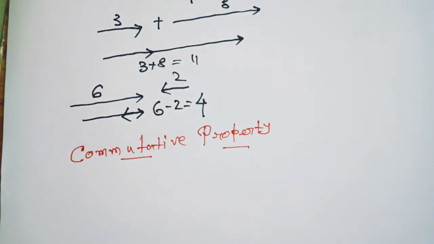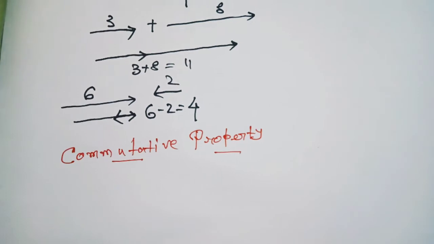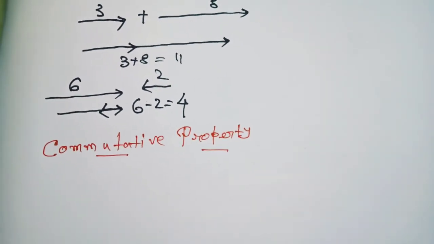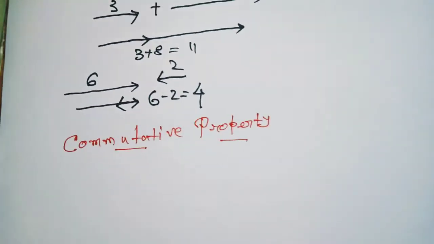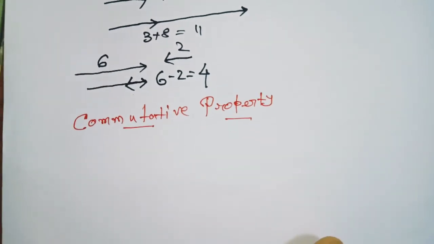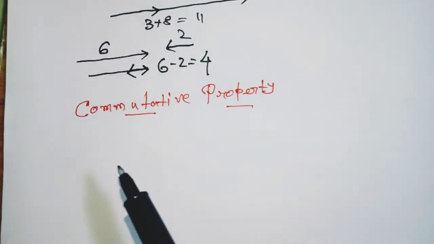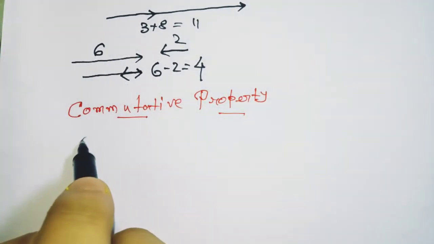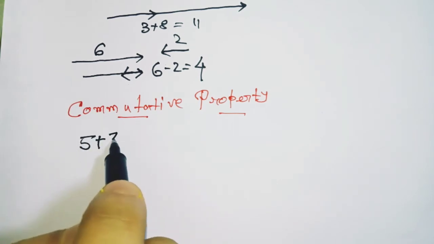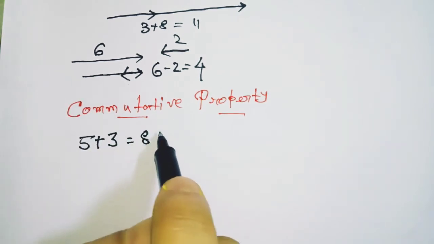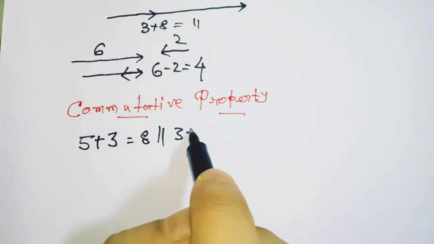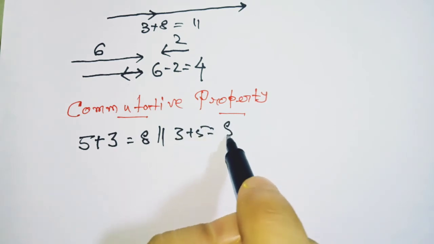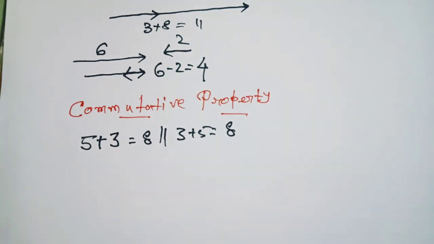The order in which we add, as with regular numbers, finally doesn't matter. For example, with regular numbers, if I take 5 and 3, 5 plus 3 gives us 8. On the other hand, 3 plus 5 also gives us 8, right? So this is what is called the commutative property.